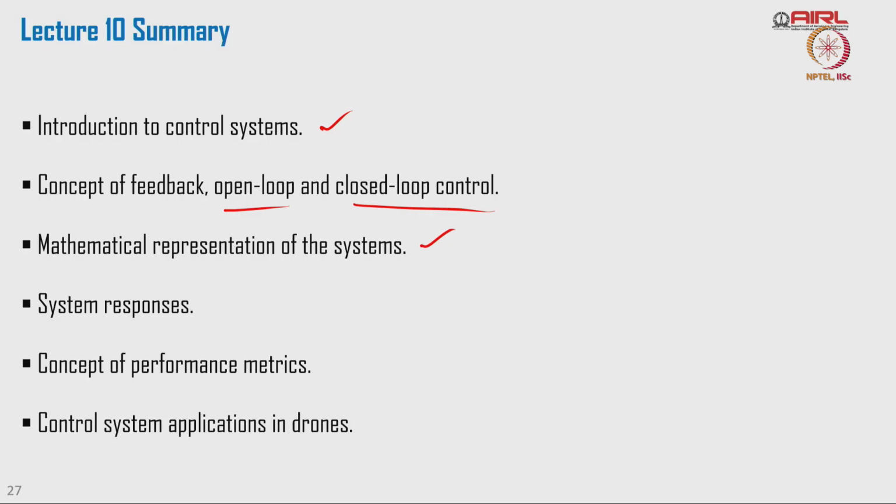We did not go through all the system responses exclusively, but we have defined some of the input signals. So, in the later lectures we will go through the system responses. Okay. Then we discussed the concept of performance metrics, and we will look at using these performance metrics and control system ideas in drones in the later lectures.